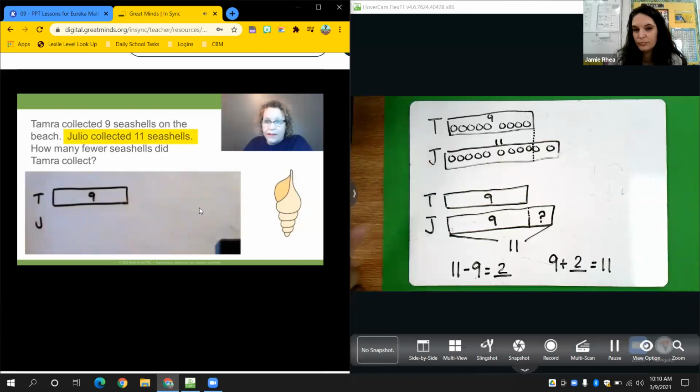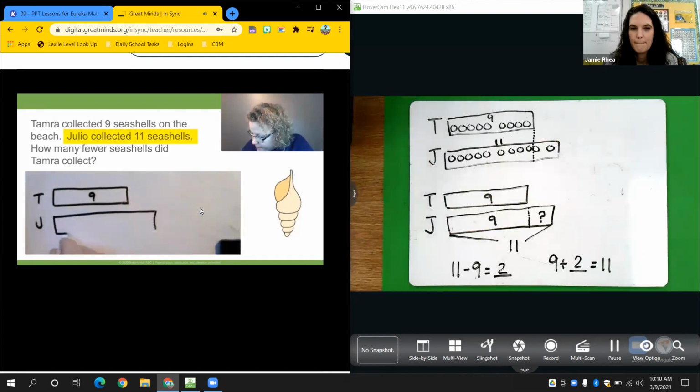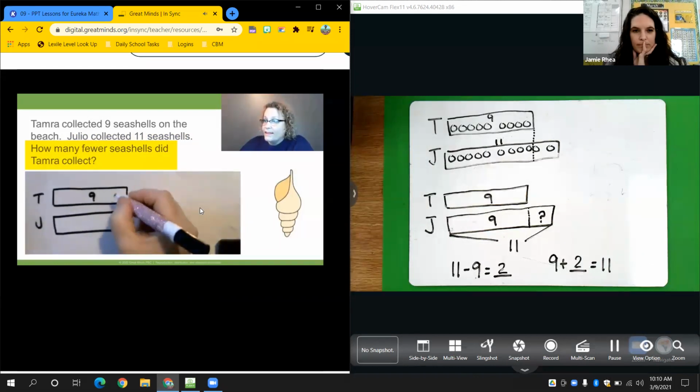Well, I'm going to label J for Julio, and 11 is a little bit more than 9. It's not like a crazy amount more, like 20 or 30. It's just a little bit more. So I'm going to draw his tape a little bit longer. Now we really have to think about the question, how many fewer seashells did Tamara collect? Well, Tamara collected 9 and Julio collected 11.